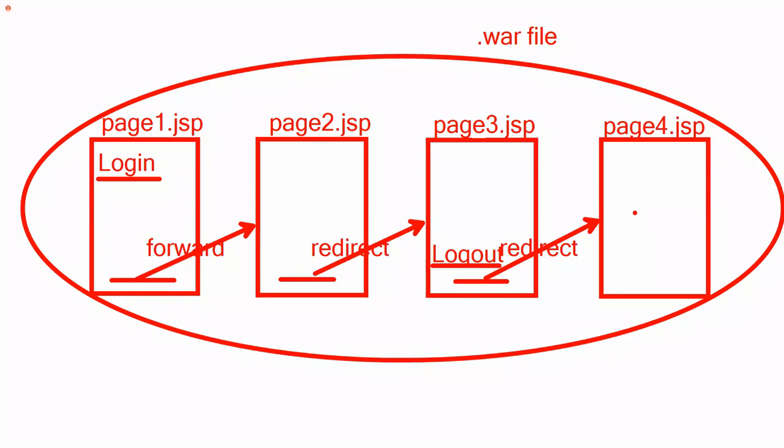What are those? Page1, page2, page3. Book4, 4 pages. Now, same question, different angle I'll ask. Okay. In page1.jsp, how many books can we access?